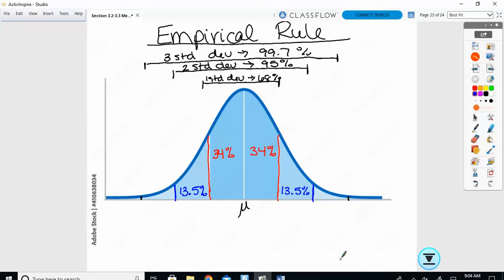All right, let's figure out the next section. So from here to here, we know we have 99.7%. 95 is already in the middle. So if you do your 99.7 minus your 95, you get, and then you need to divide that by 2 for your 2 ends.